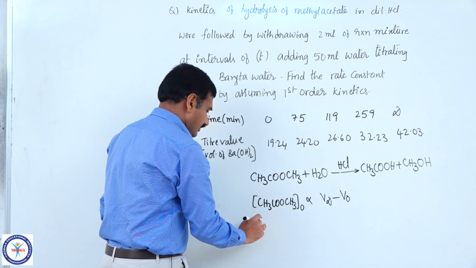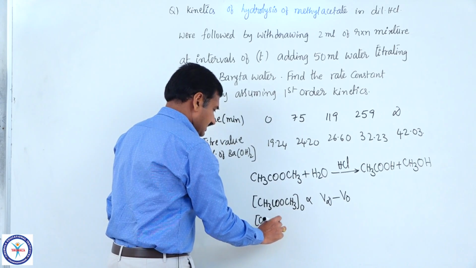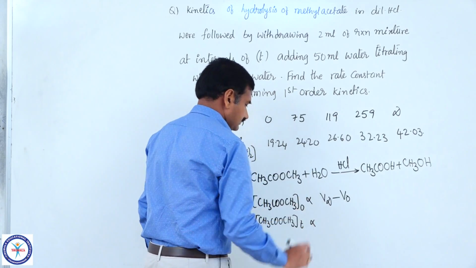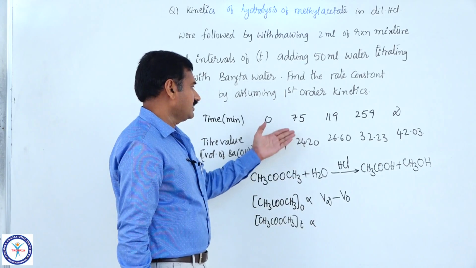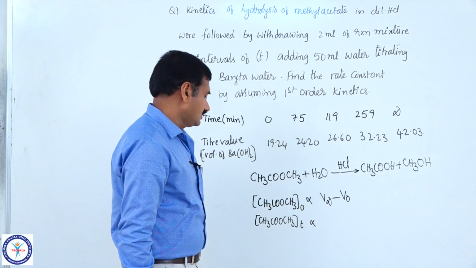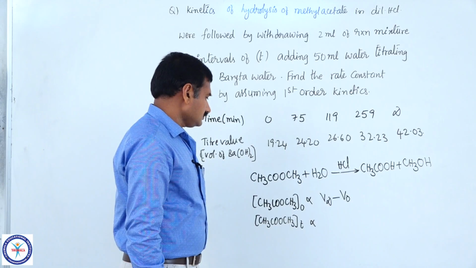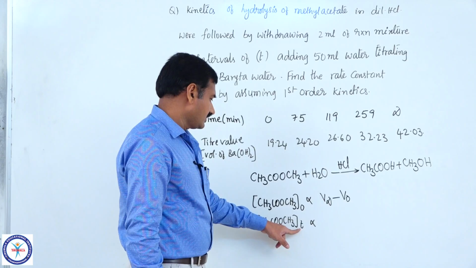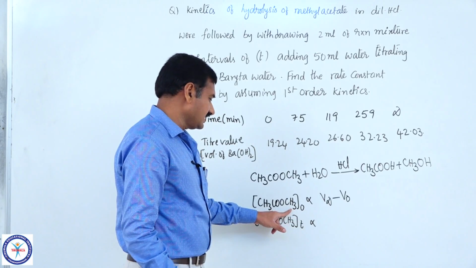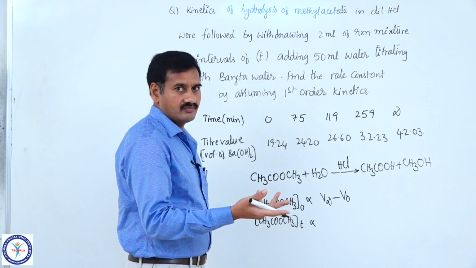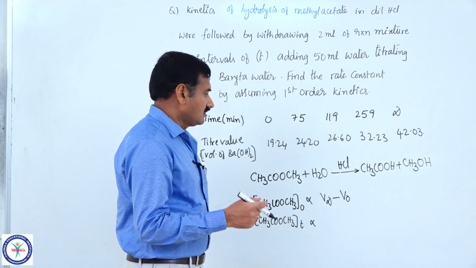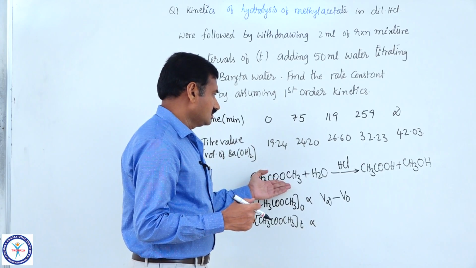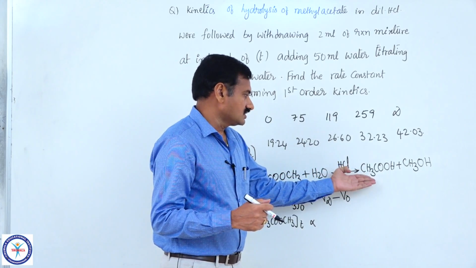Now, one more requirement to us is methyl acetate concentration at time t is proportional to what? Say at a time t equal to 75 minutes. Methyl acetate concentration left is equal to initial concentration of methyl acetate minus methyl acetate consumed, correct or not? But that methyl acetate consumed is proportional to acetic acid produced in the same time.